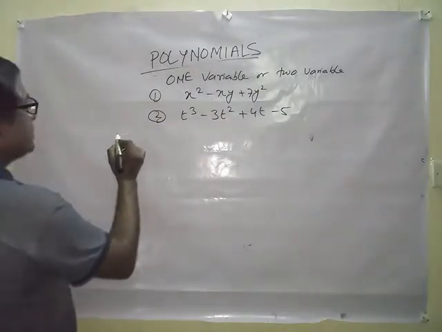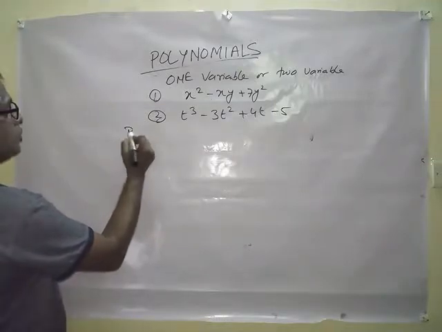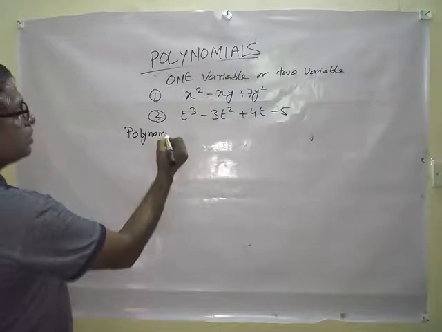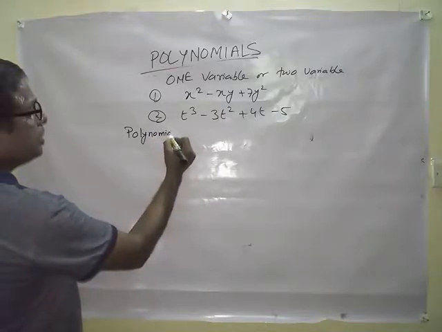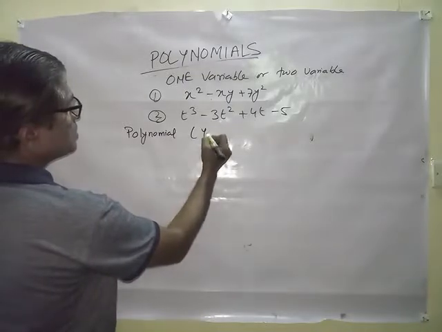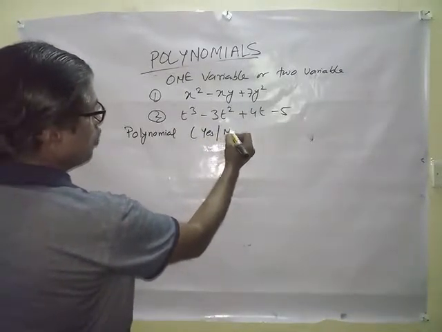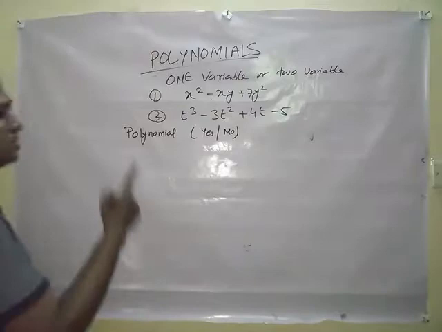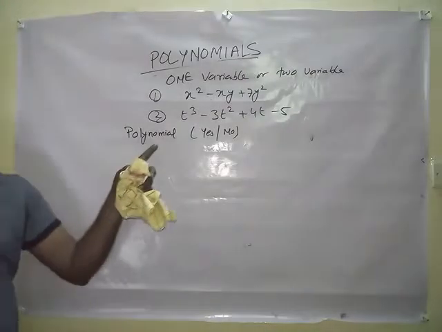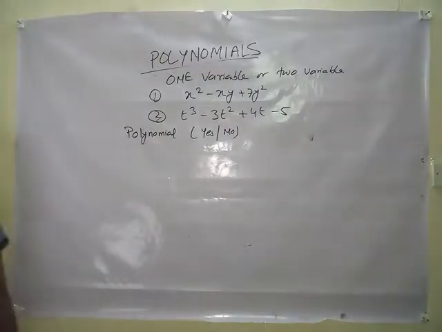Identify the equation. You have to tell me whether it is a polynomial, yes or no. But while telling yes or no, you have to state the reason why. I am giving out the equation.